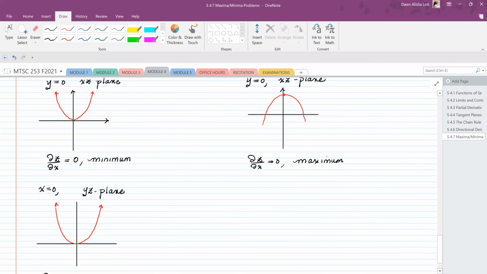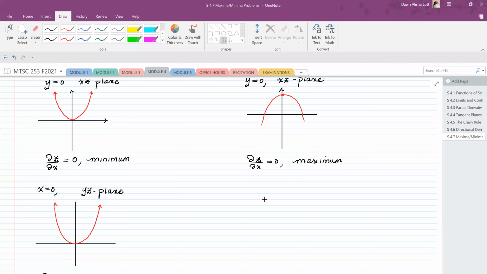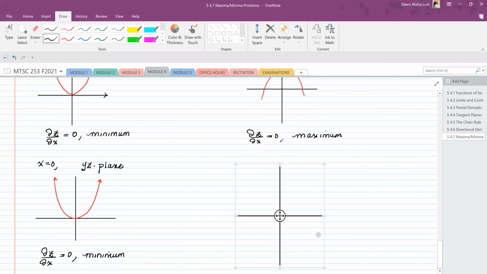But this way now, we have two ways to look at it. We can look at the partial with respect to x and the partial with respect to y. So now, if x is equal to 0, so I'm in the yz plane, now I'm going to get a similar picture.